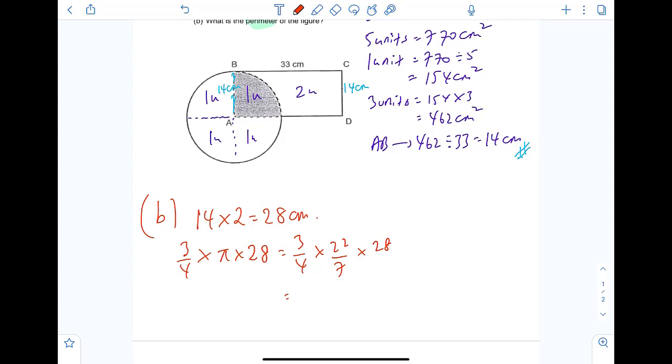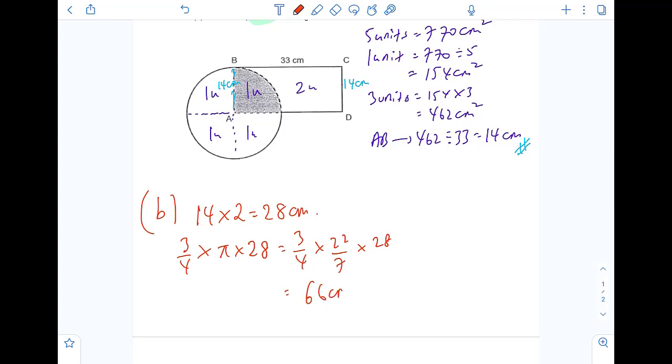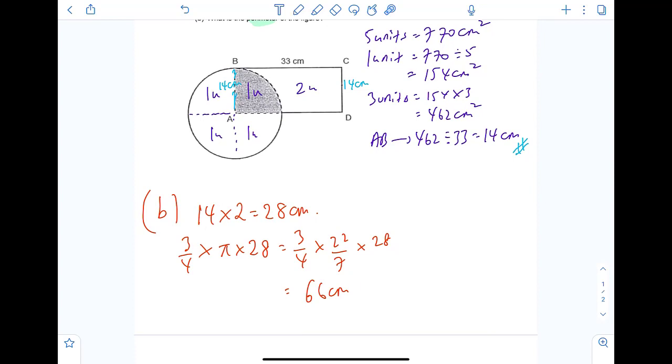Okay, so you can press the calculator for this because this is actually a paper 2. But if you can't, let's say it's a paper 1 booklet B, then you can do cancellation. Okay, so 66 centimeter, which is this curved part here.